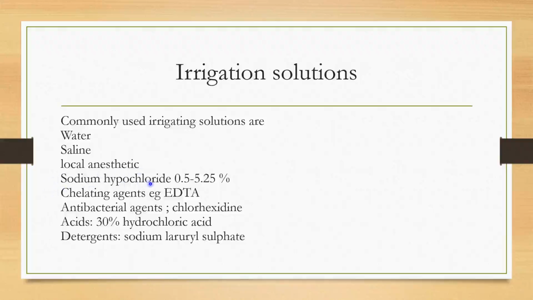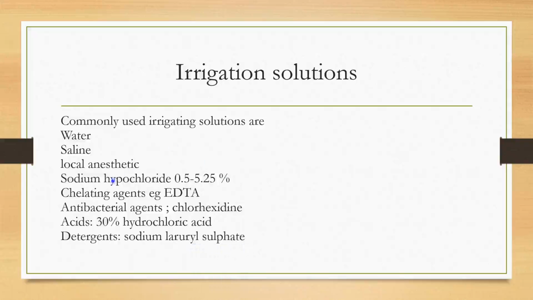Sodium hypochlorite, 0.5 to 5.25%. We've got chelating agents, for example, EDTA. We've got antibacterial agents such as chlorhexidine, the one we use as mouthwash, or acids, 30% hydrochloric acid, or some detergents such as sodium lauryl sulfate.